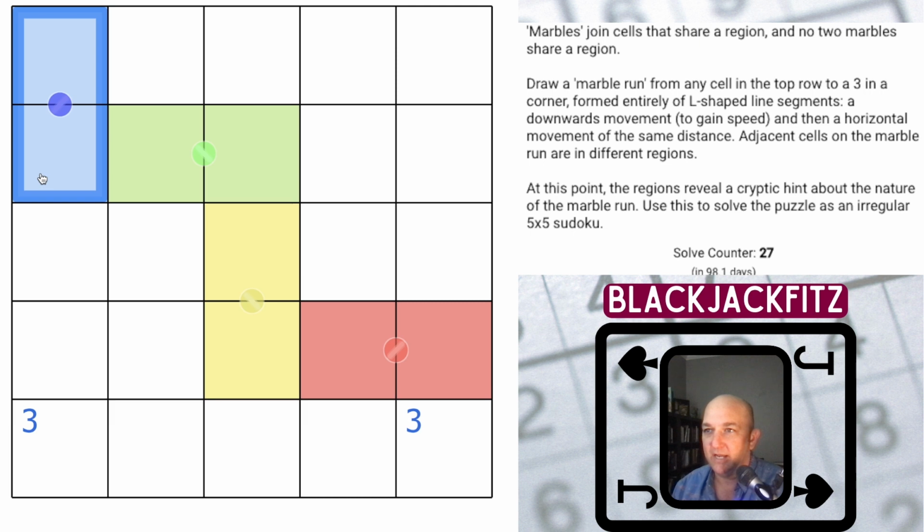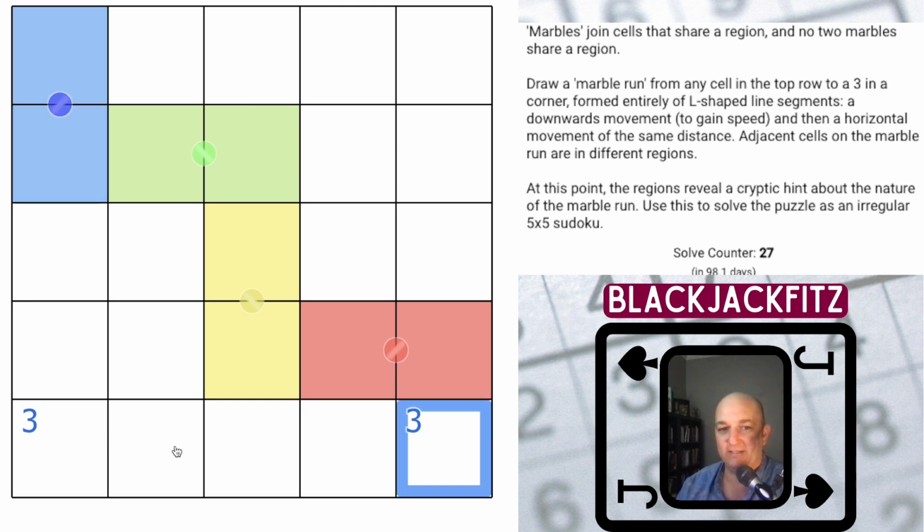Sarah asked, wait, why is there a 3 in one of these cells, pencil marked? That's because the rules tell us that there will be a 3 in the corner somewhere that the marble run ends in.